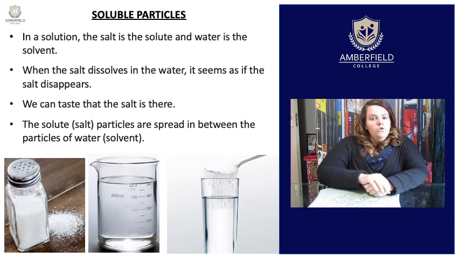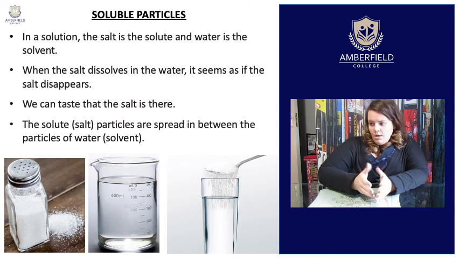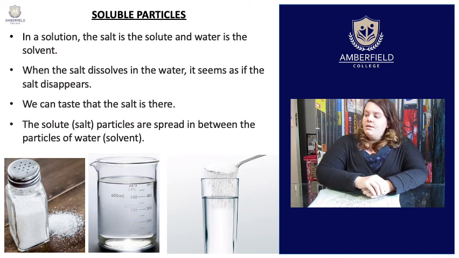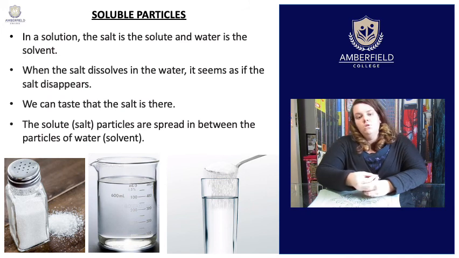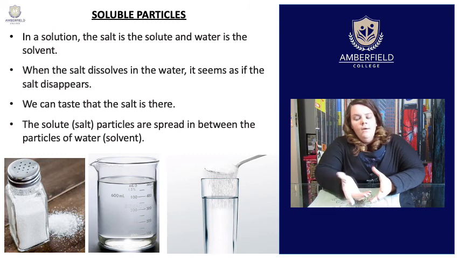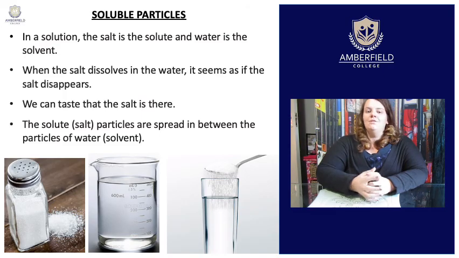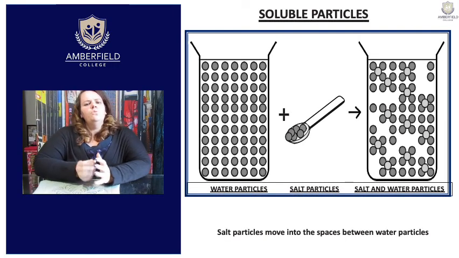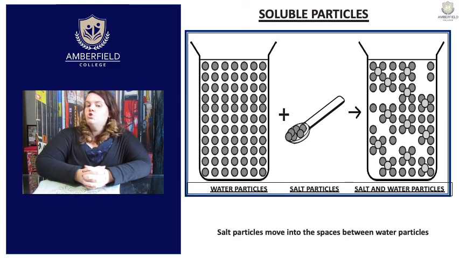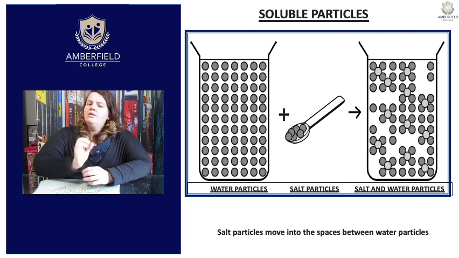Now the solute, which is the salt, particles are spread in between the particles of water, and remember the water is the solvent. So we're going to take a deeper look at soluble particles. And now you would have looked at the picture.